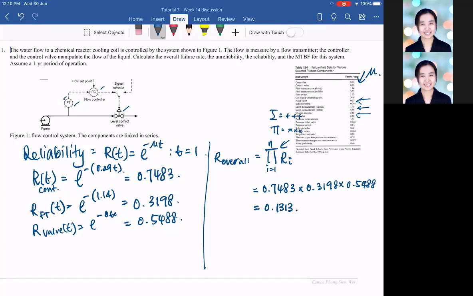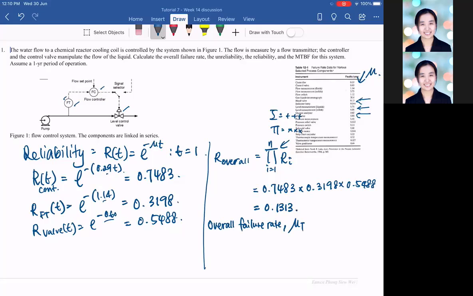Again, this one is just the reliability value R. So we want to know the overall failure rate per year, which is our mu T. Just now we used the individual T to calculate the overall here.